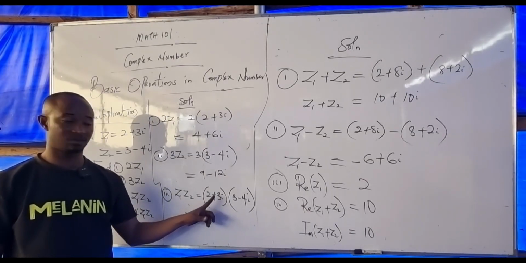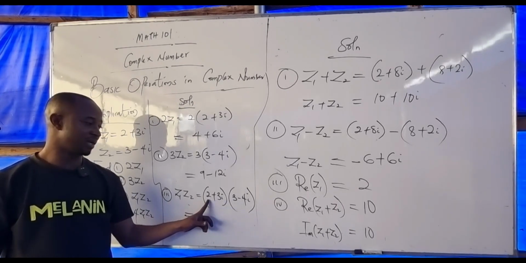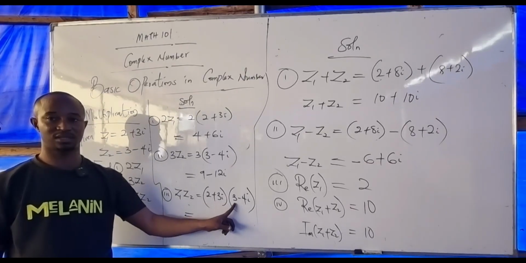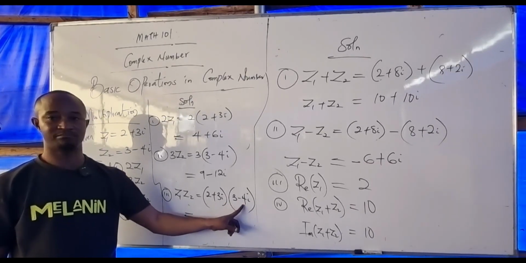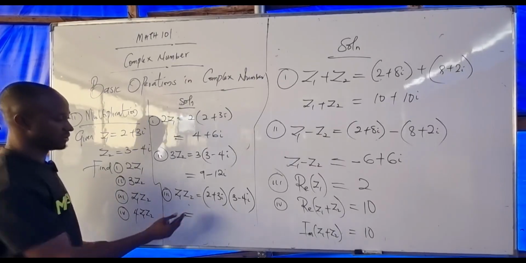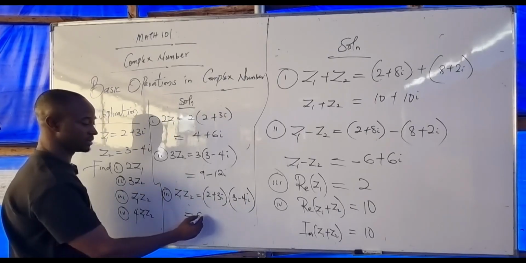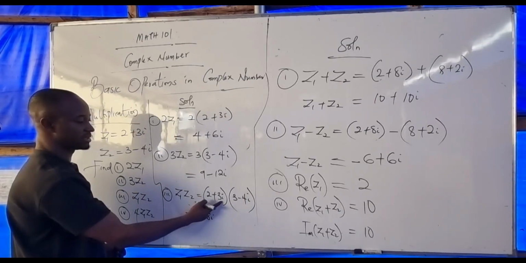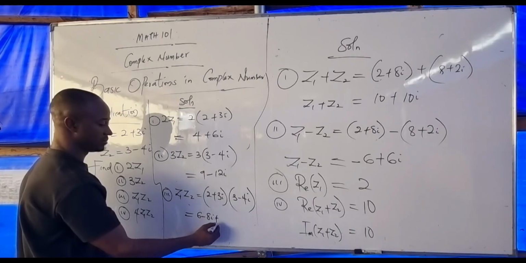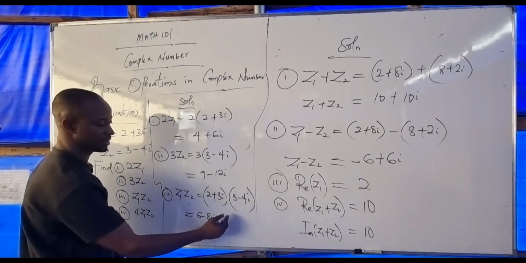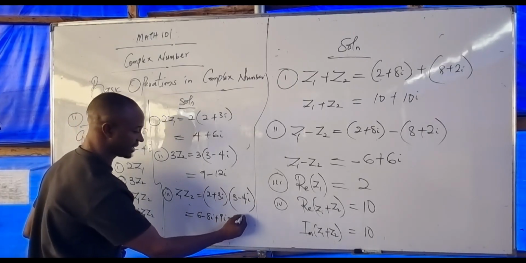Multiply the 2 by 3, multiply the 2 by minus 4i, multiply 3i with 3, 3i with minus 4i. Can we proceed? What is 2 times 3? 6. What is 2 times minus 4i? Minus 8i. What is 3i times 3? Plus 9i. What is 3i times minus 4i? Minus 12i squared.